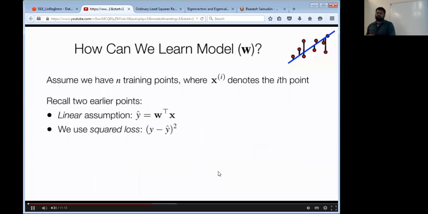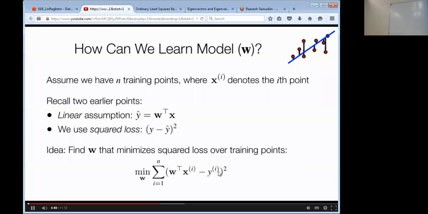Now that we've described the assumptions of the linear model and picked the loss function, we're ready to talk about the process of learning a good model. Note here that we're defining a model via its parameter vector W. Let's further assume that we have n training points, where x superscript i denotes the ith training point. Our goal then is to find a model W that minimizes the squared loss over the training points, as shown in the equation on the slide.